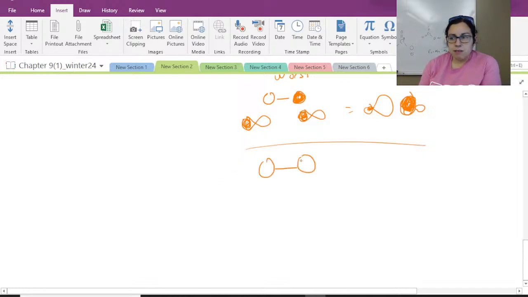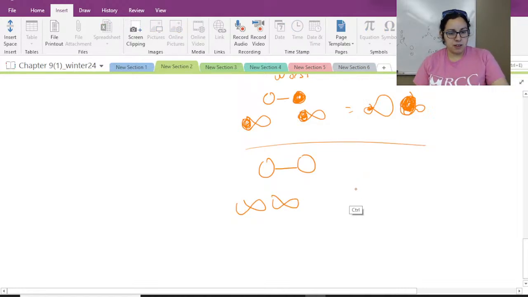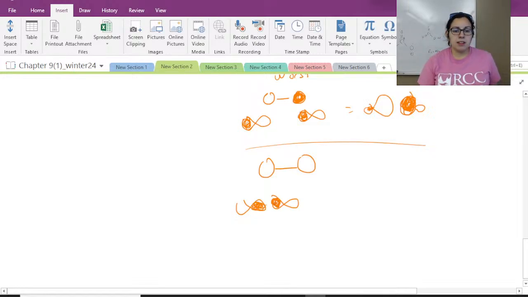Now we could have the scenario: what if the s orbitals are in phase, and the p orbitals are in phase, but they're not in phase with each other? Oops, I drew that wrong, sorry. It looks something like this. This is in phase, this is in phase, but then these are out of phase, so that just cancels.